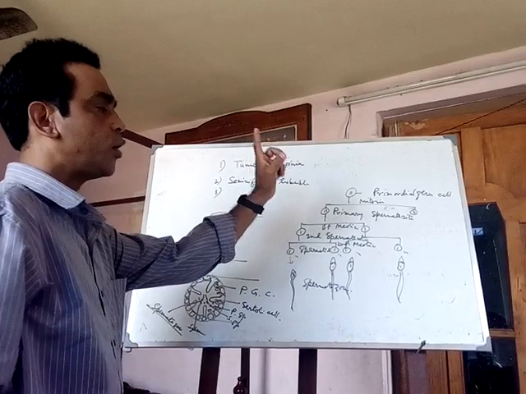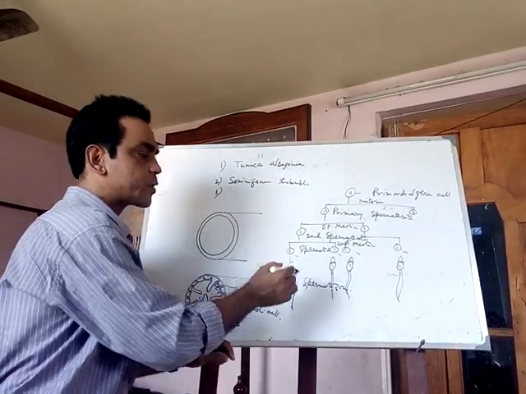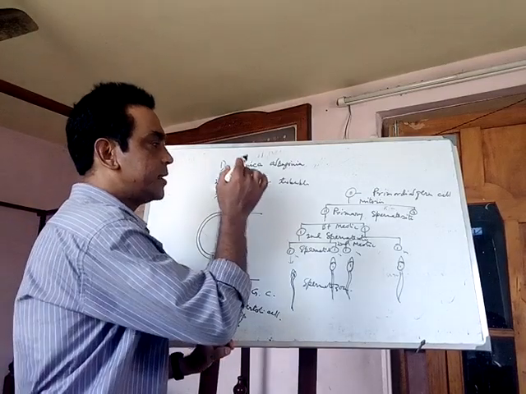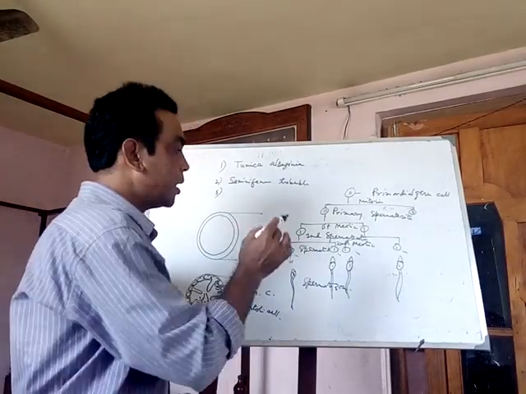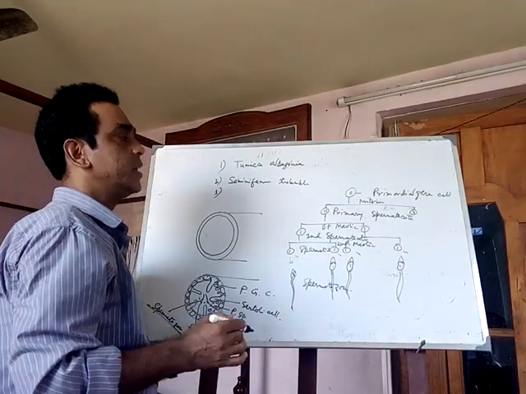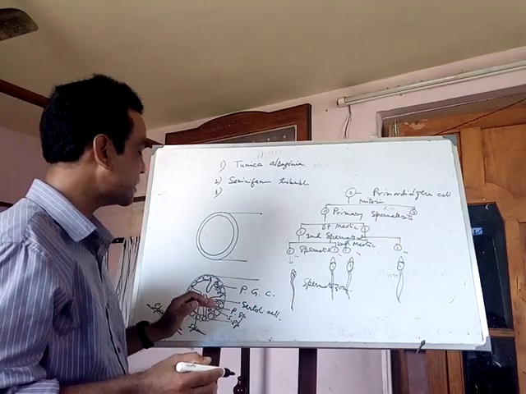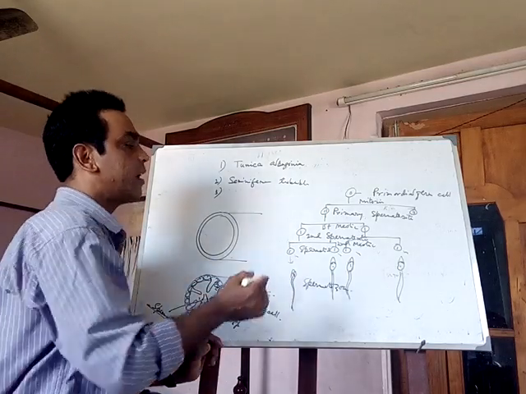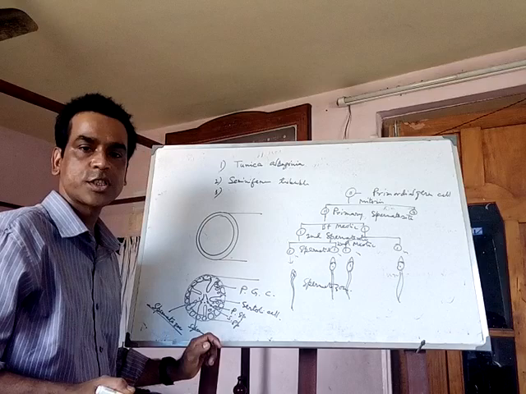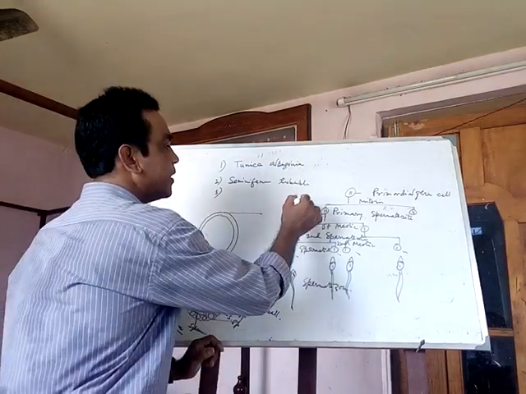So here I discuss the total process of sperm formation, which is called spermatogenesis. Spermatogenesis is a process by which the primordial germ cells of seminiferous tubules produce the haploid spermatozoa or the active sperm.